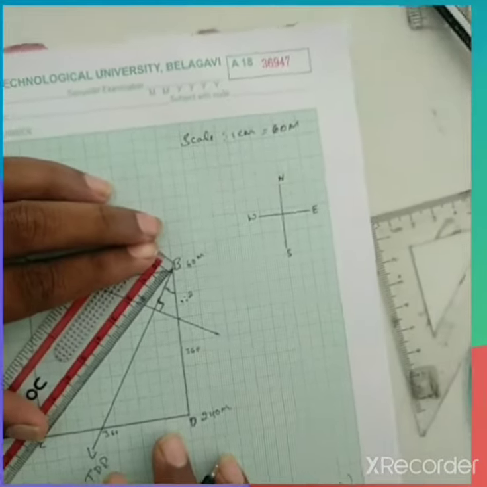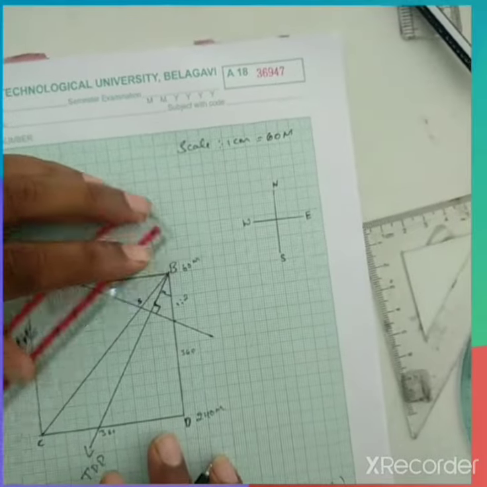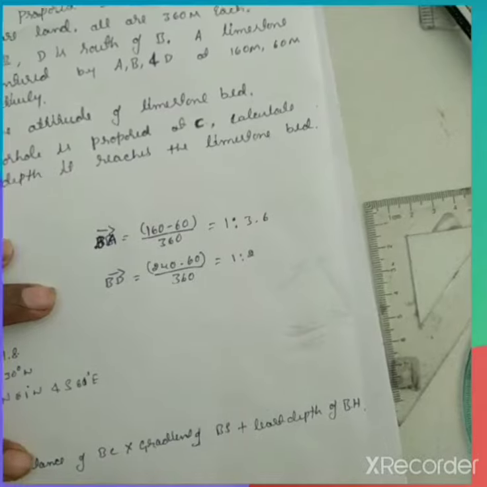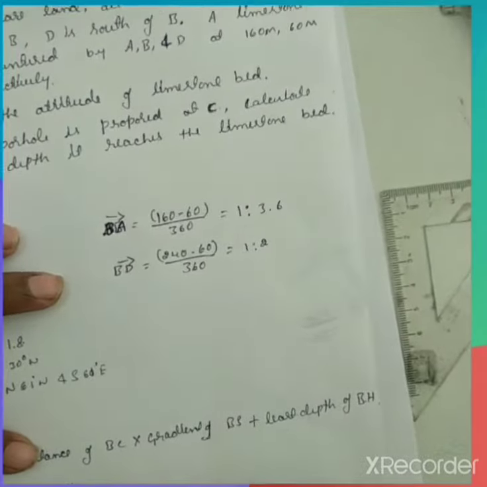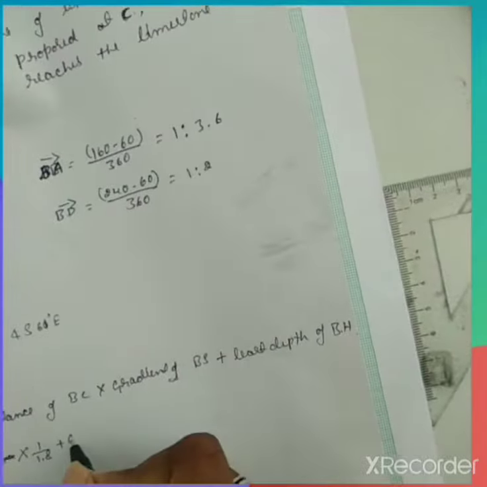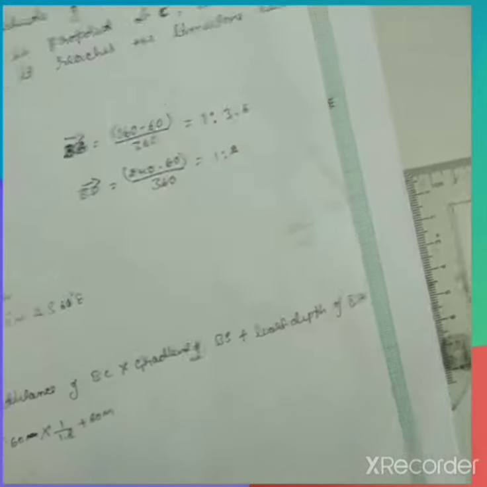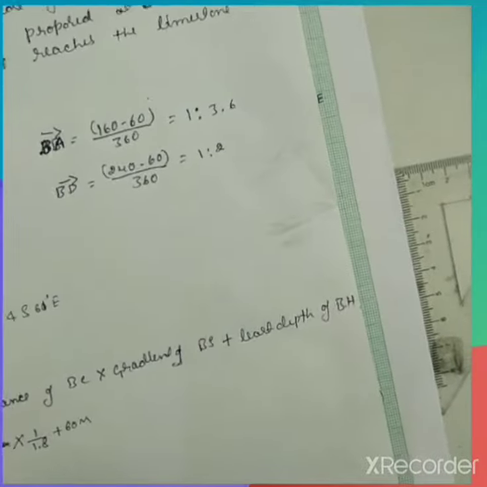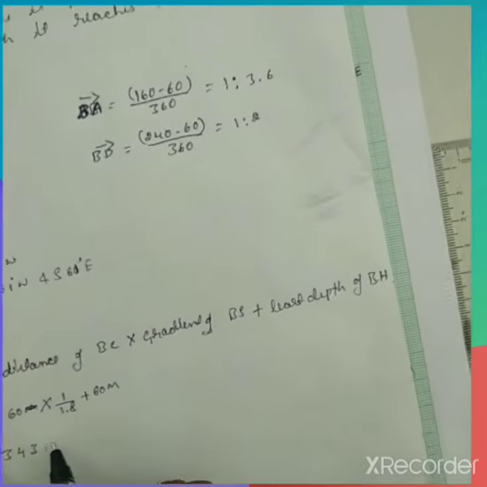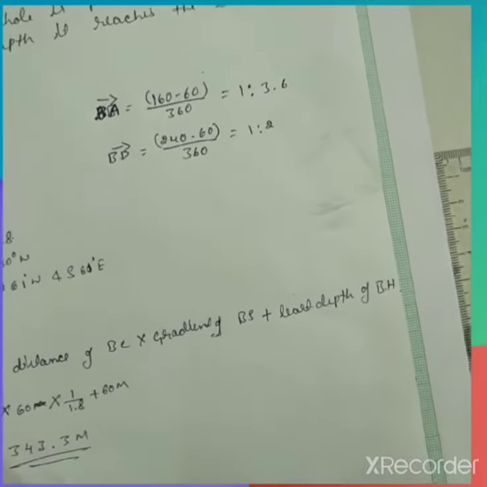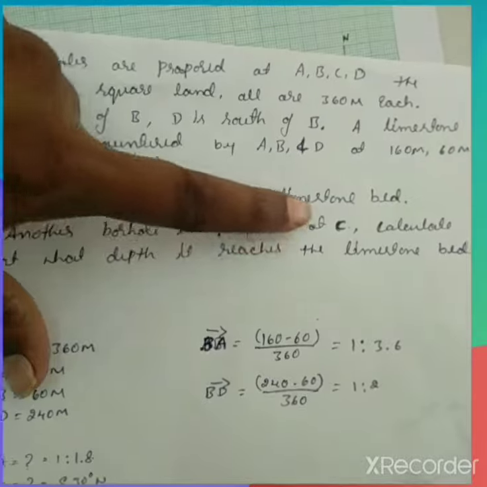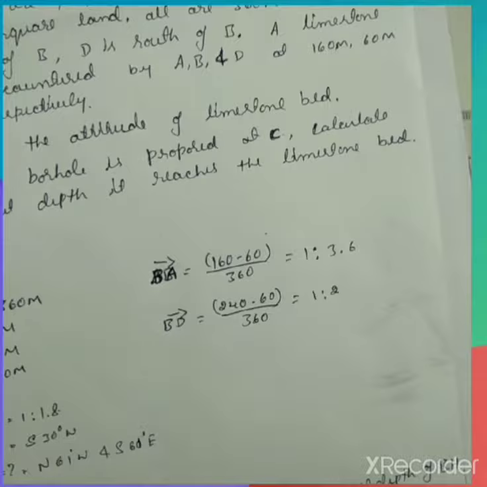The gradient of BS is 1 is to 1.8. Remember, 1.8 plus the least depth of the borehole. The least depth of the borehole is 60 meter. Here, the answer is 343.3 meter. At 343.3 meter depth, the another borehole C encounters the limestone bed.